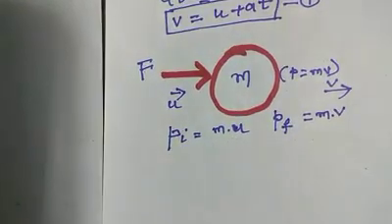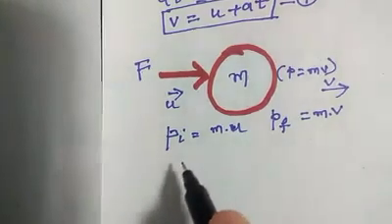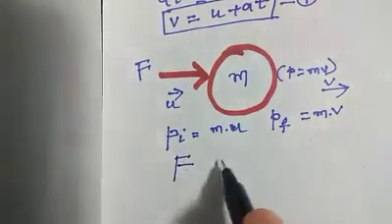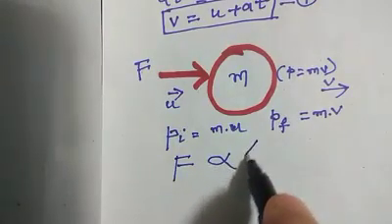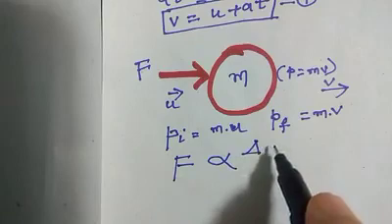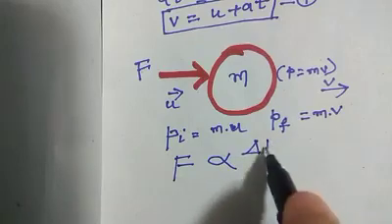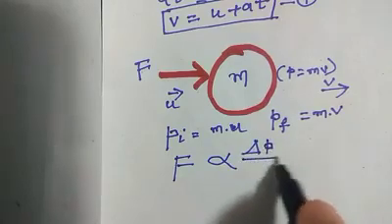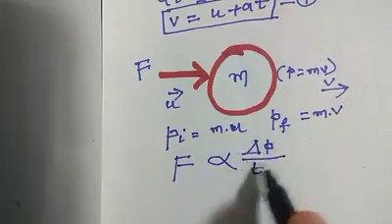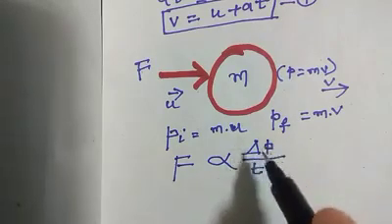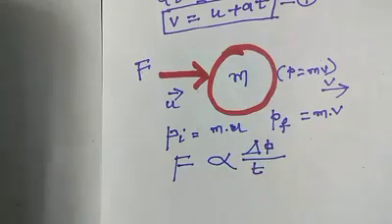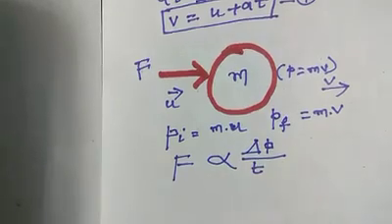Now, as per Newton's second law of motion, we already know that force is directly proportional, we use this alpha sign, to the rate of change of momentum. I denote it as delta P over time. So don't get confused by this. This delta P is the change in momentum, which we will soon see matches with the earlier formula that we derived.